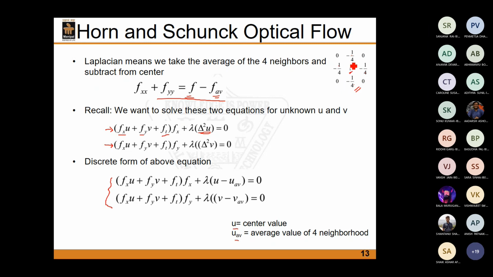If you take the average of those and subtract it from the center value, you can use that instead of the Laplacian operator. So you get these two equations shown over here.